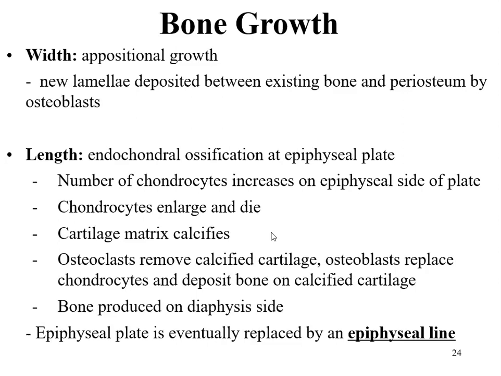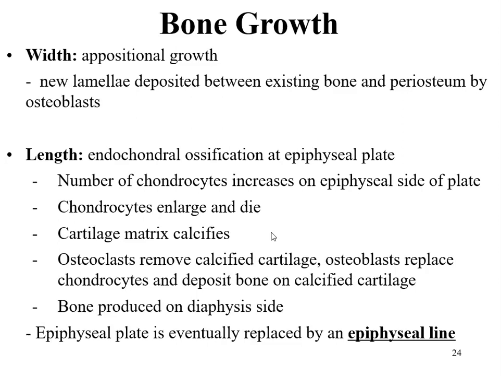Osteoclasts remove that old calcified cartilage, and it's replaced by bone tissue secreted by the osteoblasts. So the cartilage is growing on the epiphysis side, and then bone is being laid down on the diaphysis side.